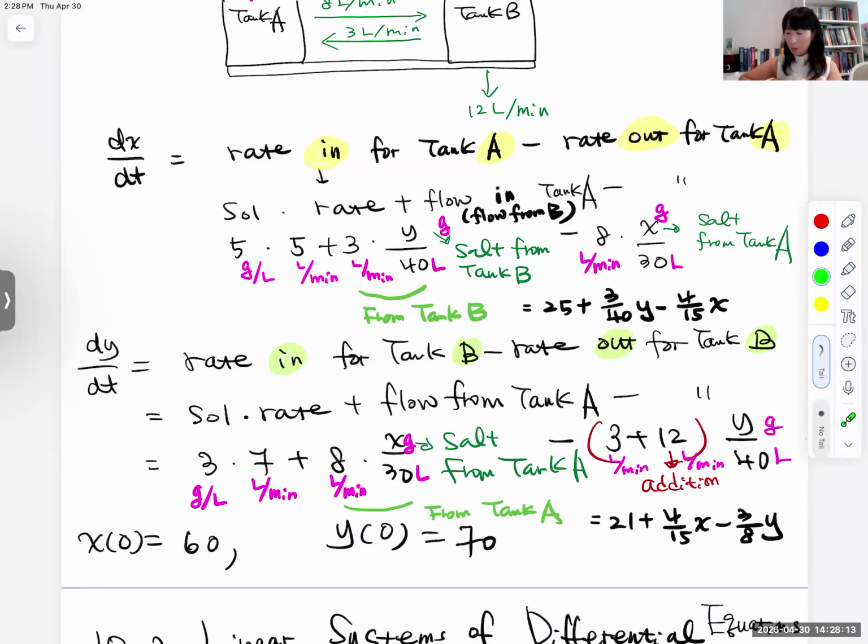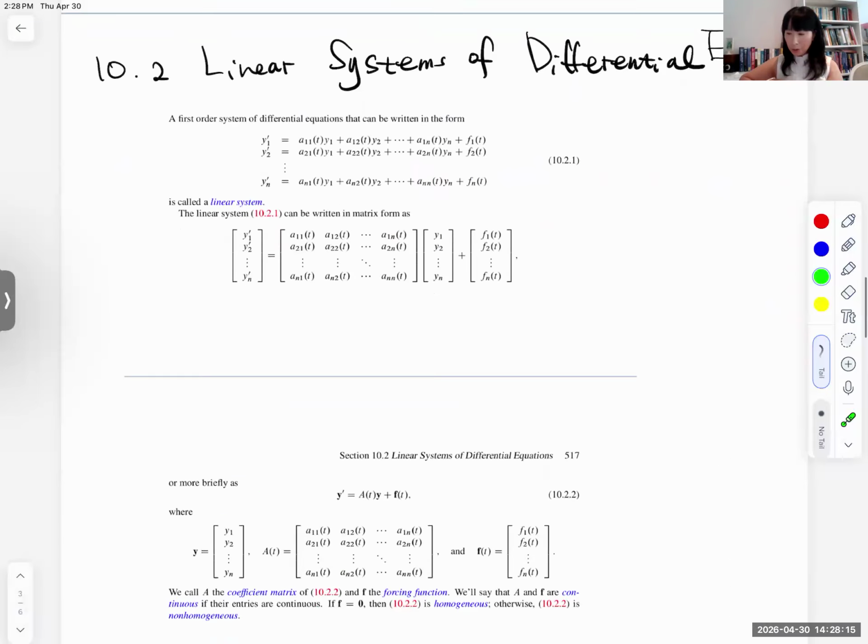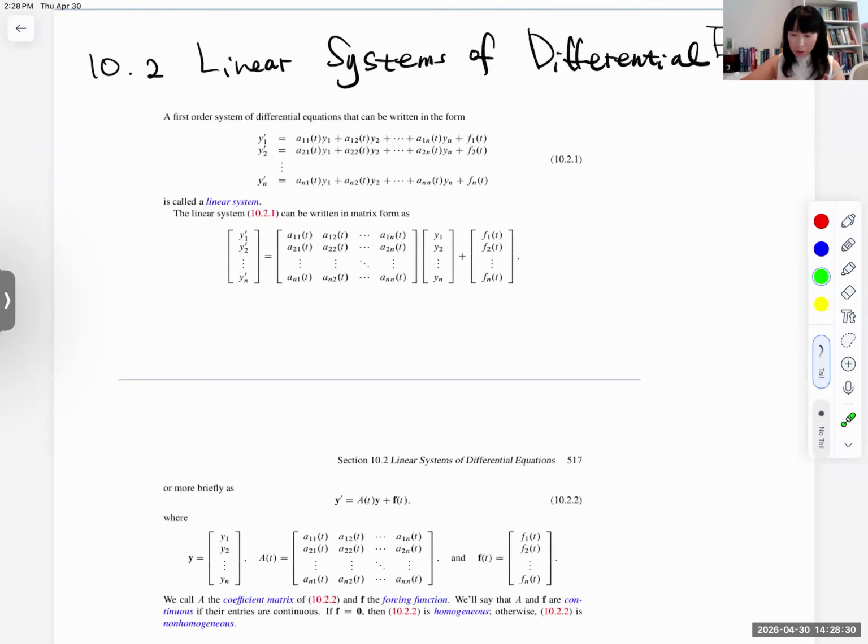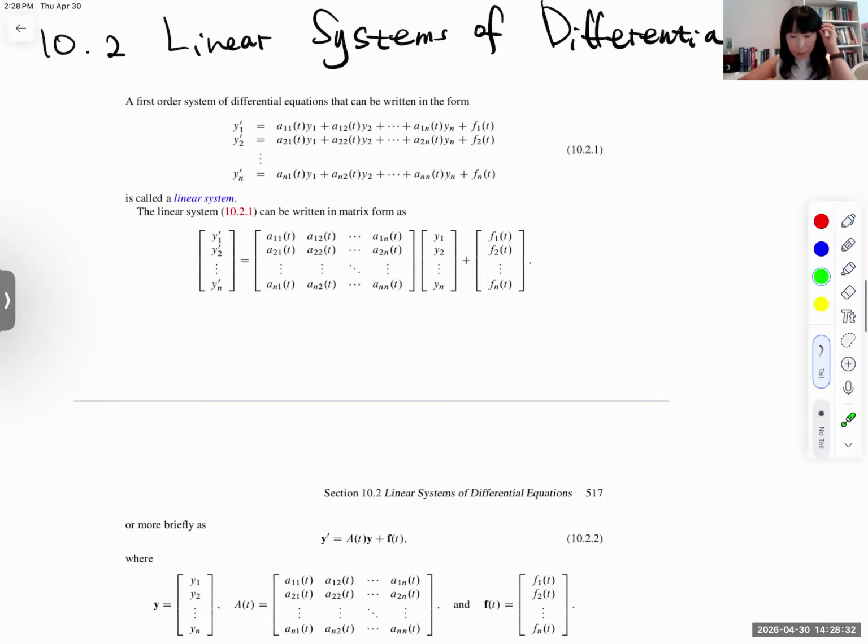So let us do 10.2. 10.2 is about linear systems of differential equations. Yay. I believe you took linear algebra. Okay, so this is a form of linear system, right? We have a first order system.